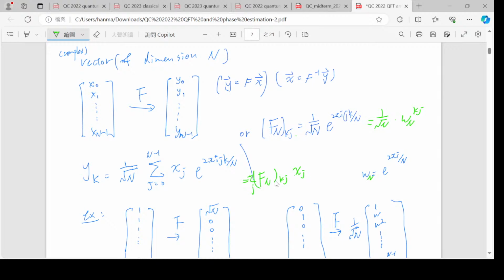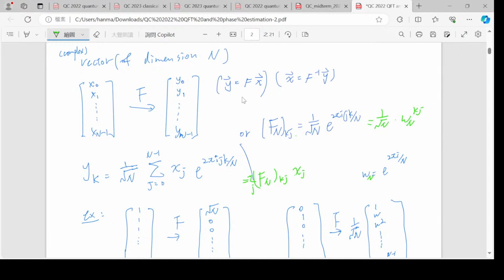So the vector out of F_n times x, its k-th element is F_kj times x_j summing over j. And anyway, this is the basic matrix indexing. Because y equals F times x, y_k equals F_kj times x_j summing over j.